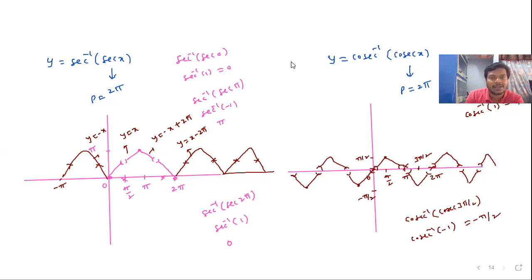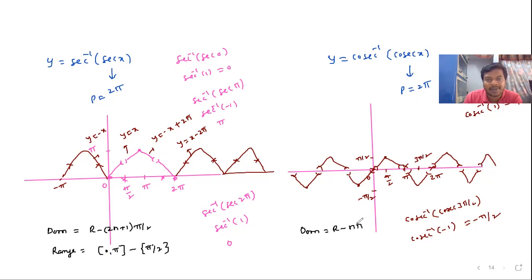And here, what is the domain? The domain is R minus (2n plus 1) into pi by 2, and its range is from closed 0 to pi except pi by 2. And here, what is the domain?